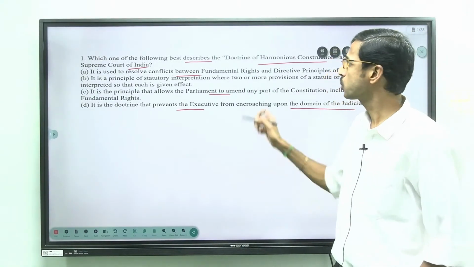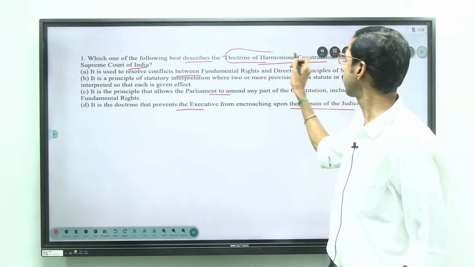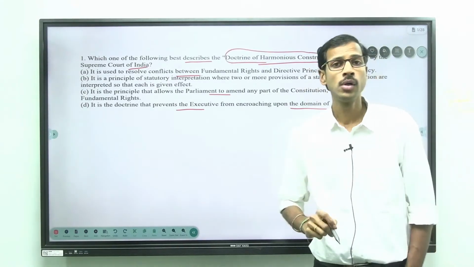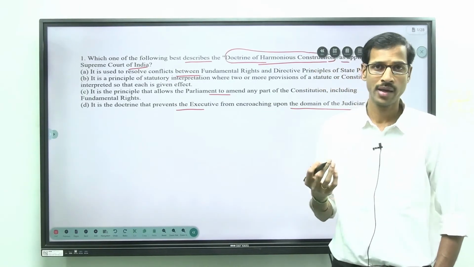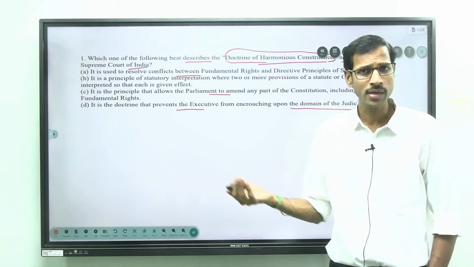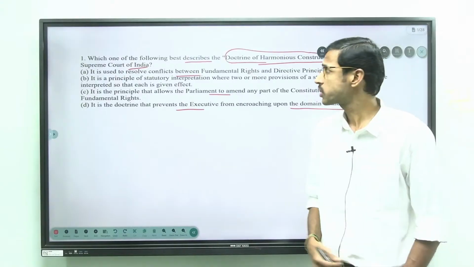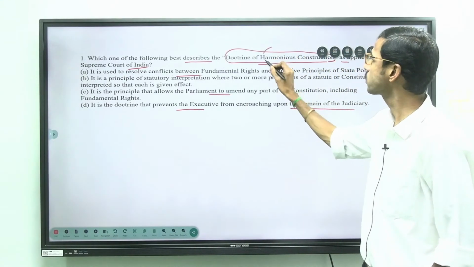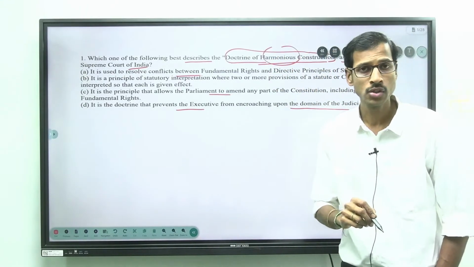Whenever you see an important topic related to polity, we have to retain the exact topic from the options itself. Sometimes we can eliminate options also. So first of all, the doctrine of harmonious construction, what is it?